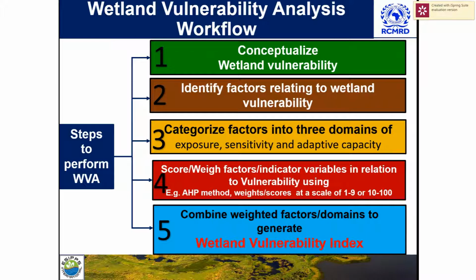Now, this third step is something that I have not talked about earlier, but you realize that when you generate all these data sets, you will have to then categorize them into 3 domains. These domains are wetland vulnerability factors.